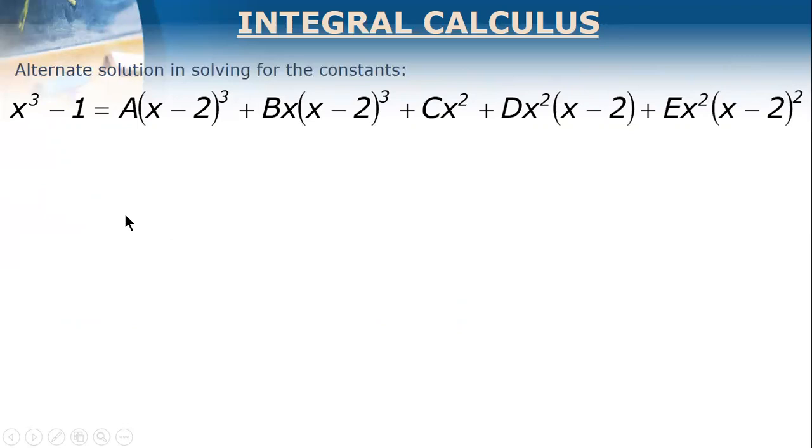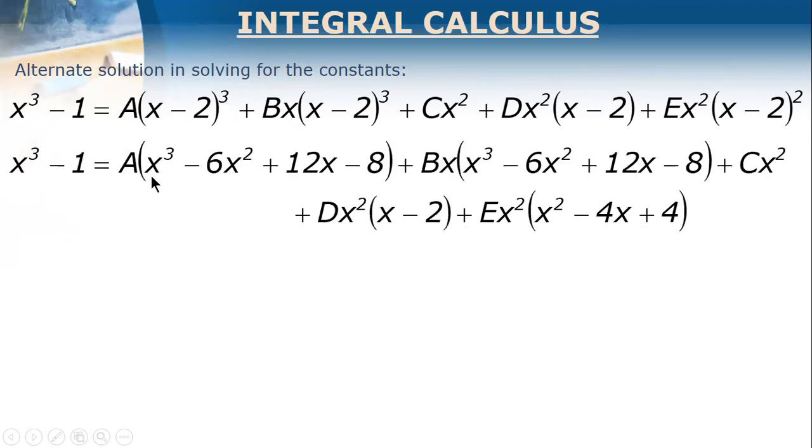Okay. So what we are going to do is to expand the terms. Like x minus 2 cube, expand. Same with this. Okay, this is the result. Expansion of x minus 2 cube is this. X minus 2 cube, x minus 2 square, this one.